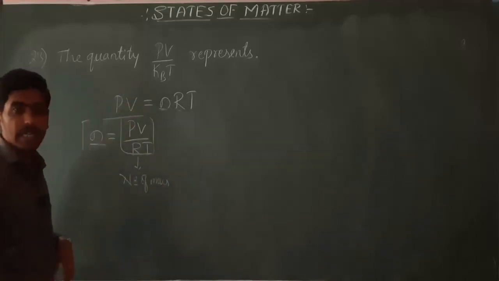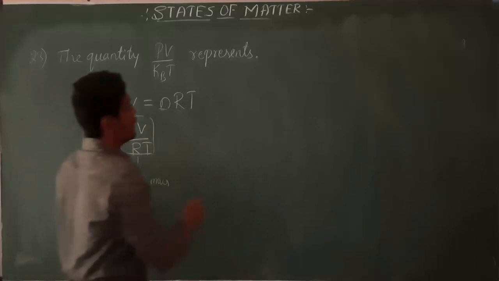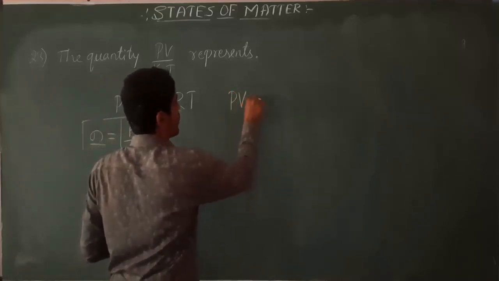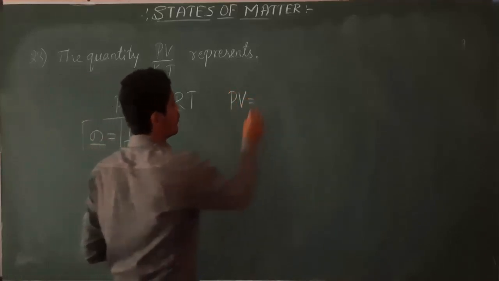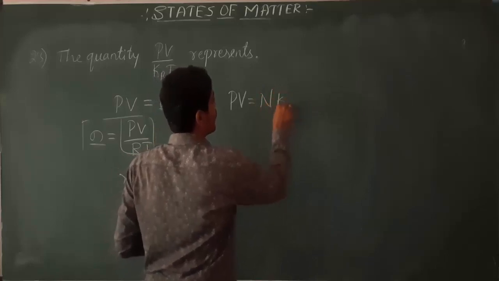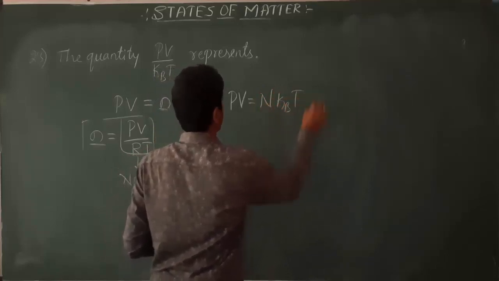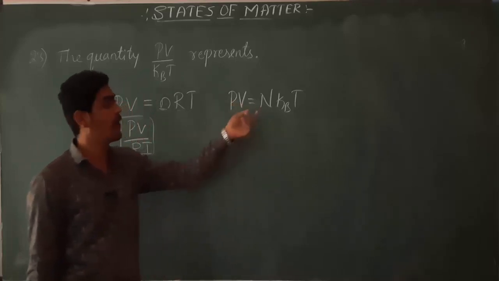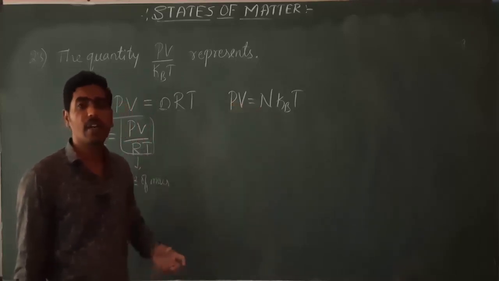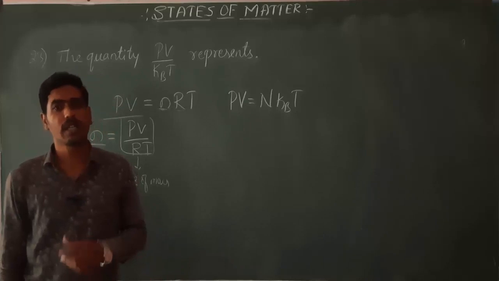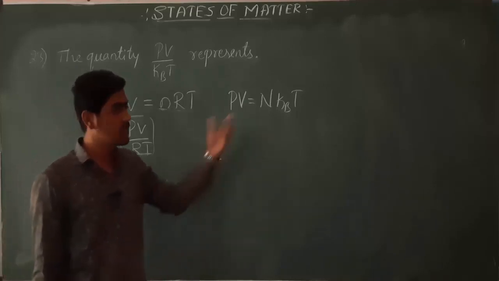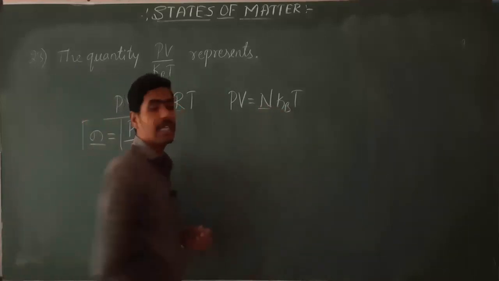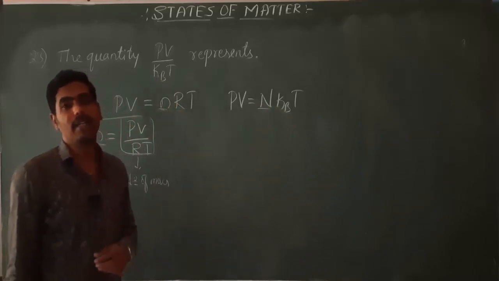PV divided by KBT. So we use another equation, that is PV is equal to N into KBT. Okay, so this can be represented with Avogadro's number. Avogadro's number is 6.022 into 10 raised to 23. By using that, this N will represent the number of particles.